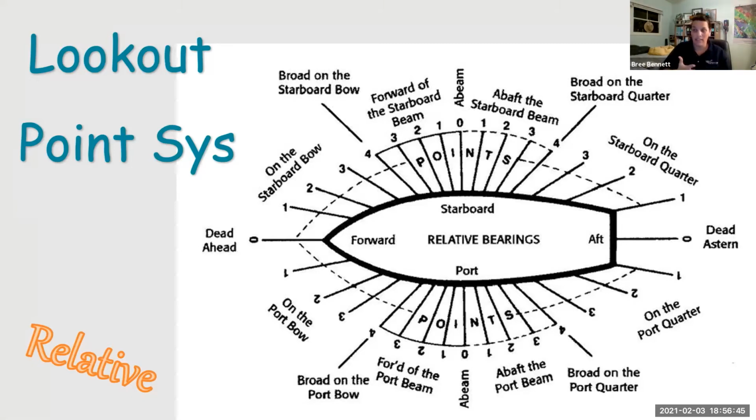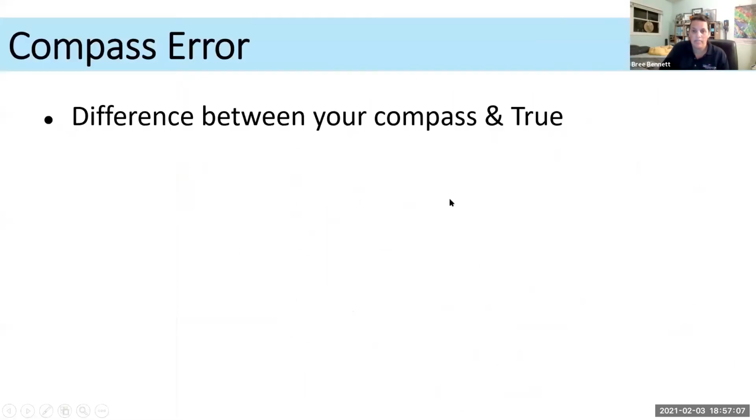That, oh, we have a vessel coming at, you know, 5 o'clock or 4 o'clock, and have that clock system with 12 as dead ahead. Because everyone knows the clock.